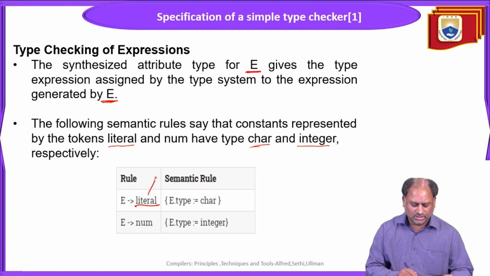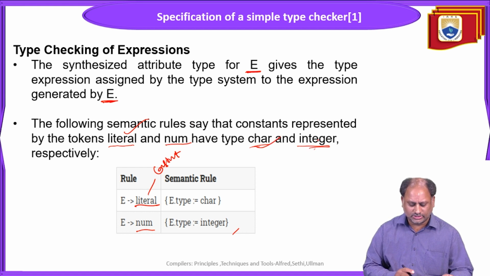Literal is a constant. These types of rules defined in the grammar can easily be represented with a semantic rule: the token literal is of character type and number is of integer type.